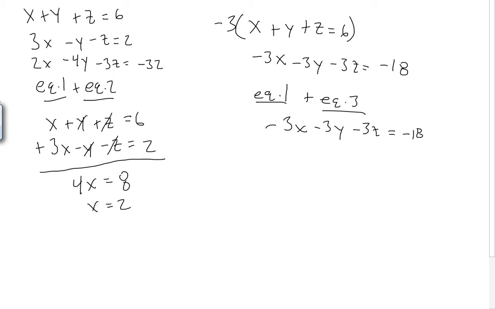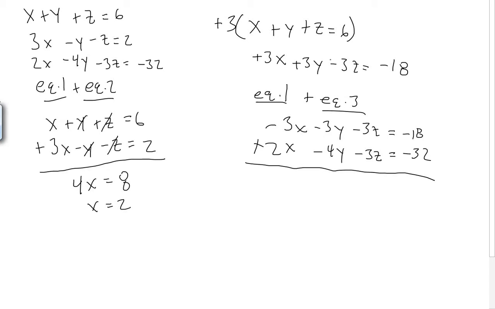And then I also have 2x minus 4y minus 3z equal to negative 32. So what happens in this case is that the z's don't even eliminate because I multiplied by a negative 3. I should have multiplied by a positive 3 to keep the signs opposite.